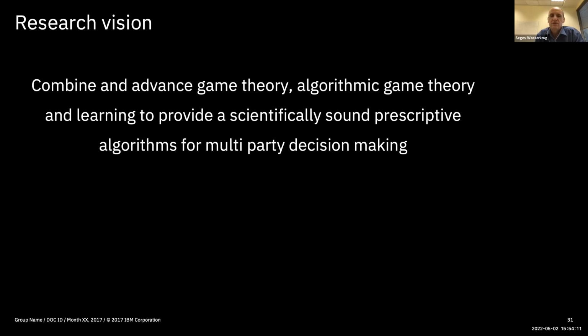So we see this project as a longer-term scientific endeavor, not something that we intend to solve immediately, of course. This is our vision: to combine advanced game theory, algorithmic game theory, and learning to provide a scientifically sound prescriptive algorithm for multi-party decision making. Of course, we would like to show concrete proof points and success points along the way, but currently our focus is on driving forward the science around this.